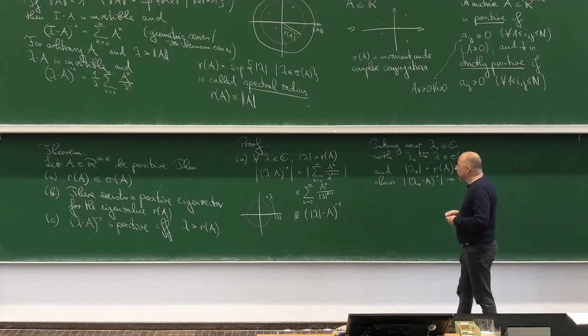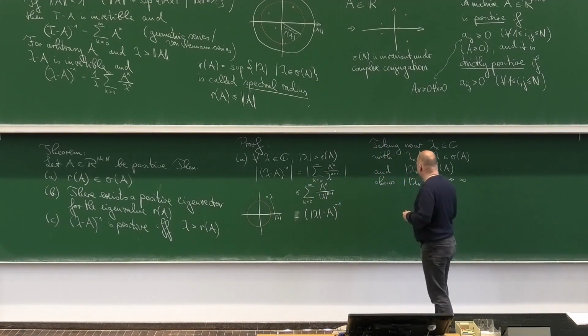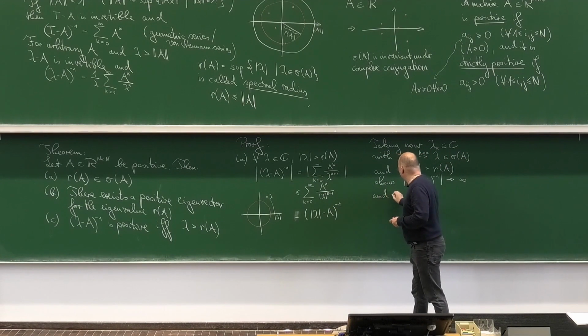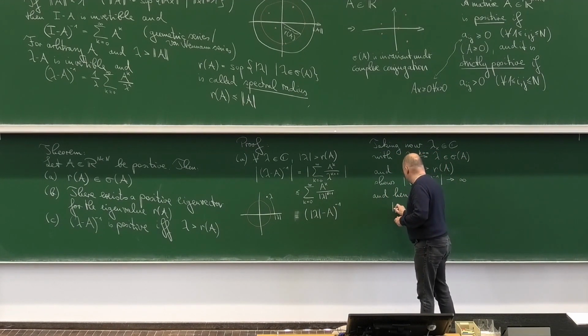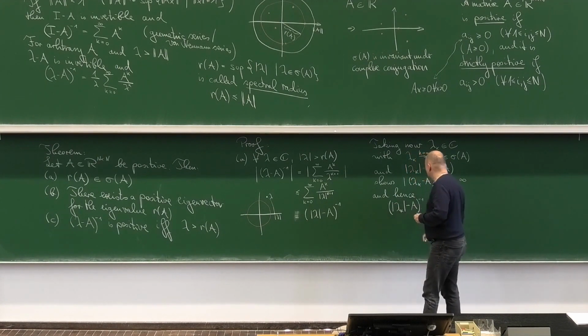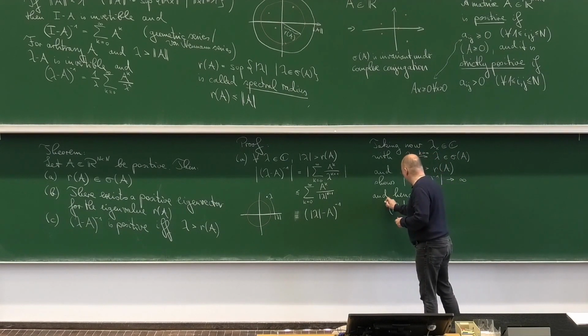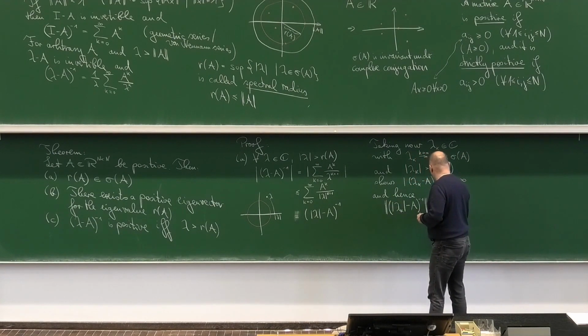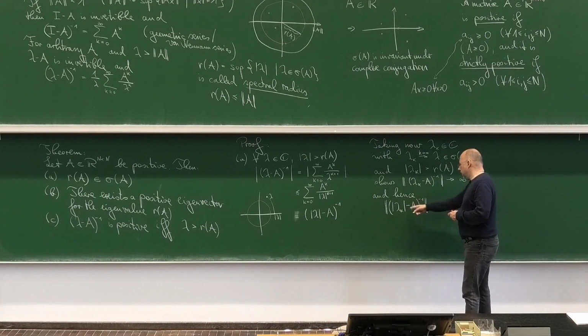This blows up, but then this inequality shows, and hence the resolvent at this here also blows up, and let's say here in norm, this blows up. So I can also write here the norm. The norm blows up, and then also this norm blows up.